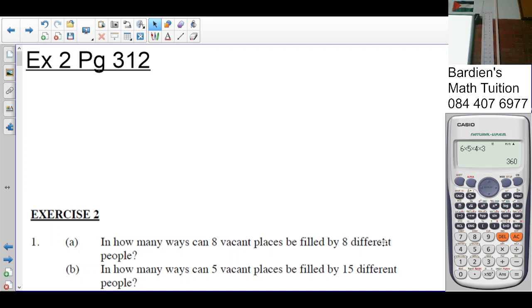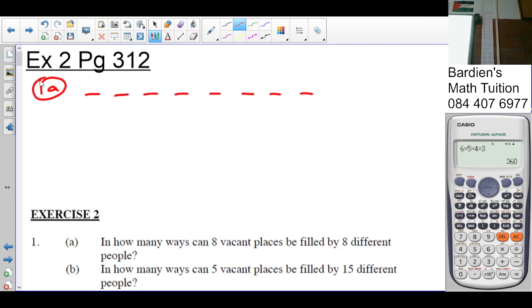Looking at number 1, exercise 2 on page 312. They want to know in how many ways can 8 vacant places be filled by 8 different people. That is simple. So the first one, we have 8 options, then 7, then 6, then 5, 4, 3, 2, 1, which is simply 8 factorial.